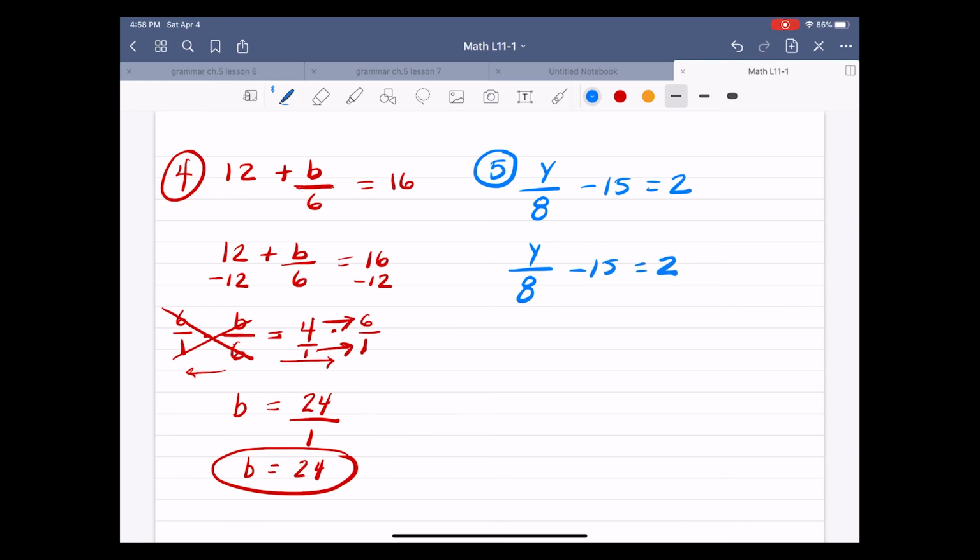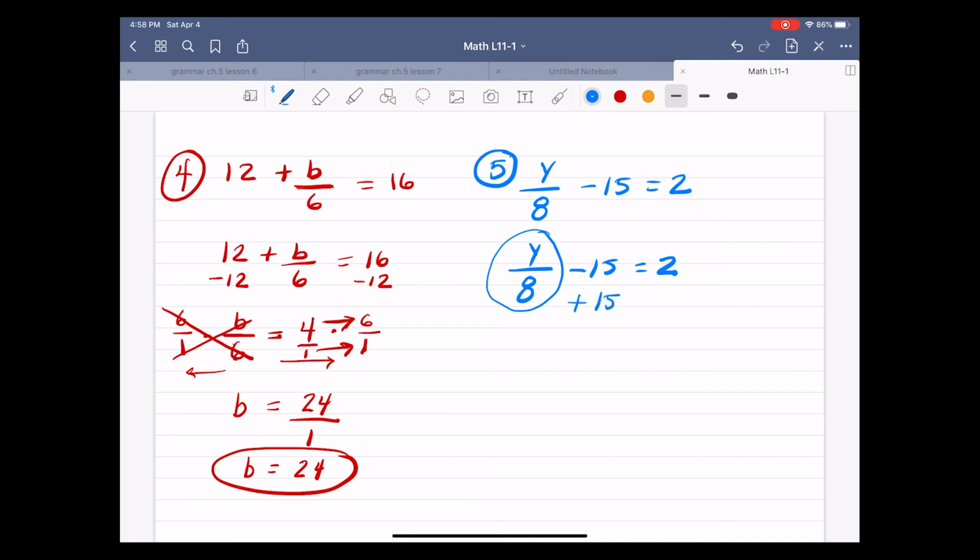Notice I'm dealing with a fraction again, and every time you see a fraction, you know what operation that indicates. That indicates the operation of division. So y divided by 8 minus 15 equals 2. Right now, I'm not going to worry about the number or the action that's so closely related to the y. I'm going to get rid of the minus 15. Minus 15, the inverse operation is plus 15.